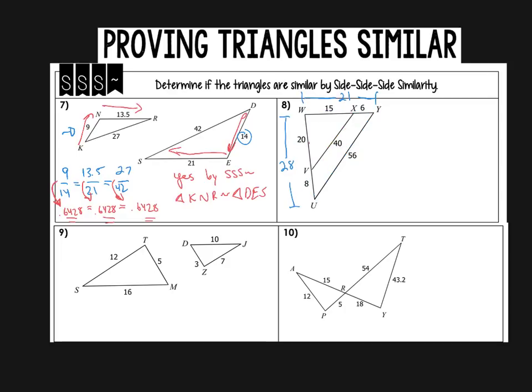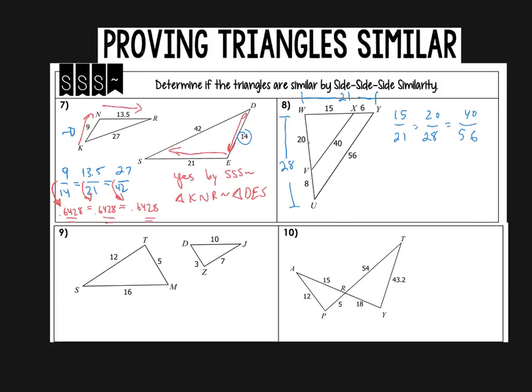Now let's talk about the lengths of the smaller triangle: 15, onward to 20, onward to 40. I'm going to compare that to the lengths of the larger triangle, which go from 21 as the smallest, 28 as the middle size, and 56 as the largest. Now I just want to check and see if this statement is in fact true.